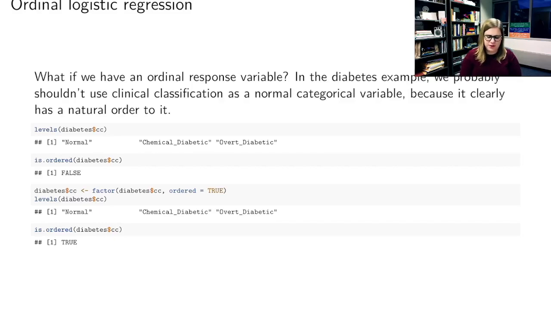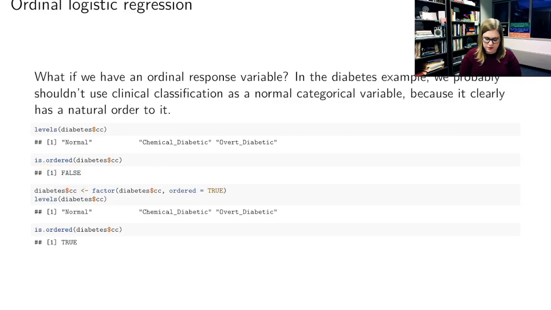And I've just got a little bit of R code here because when you look at the levels of a categorical variable, it will show you what the options are. And R will always put them in an order, but there's something called an ordered factor. And if you look here, I ask, is it ordered? Originally, false. No, it's not.